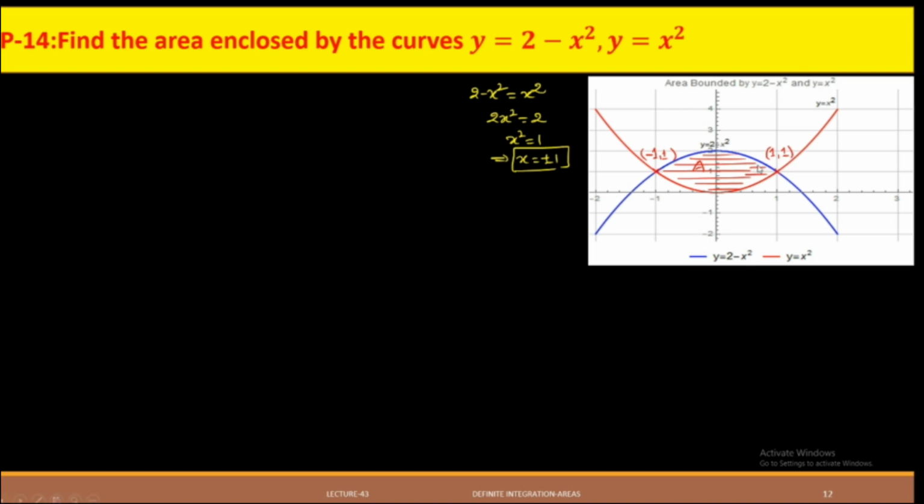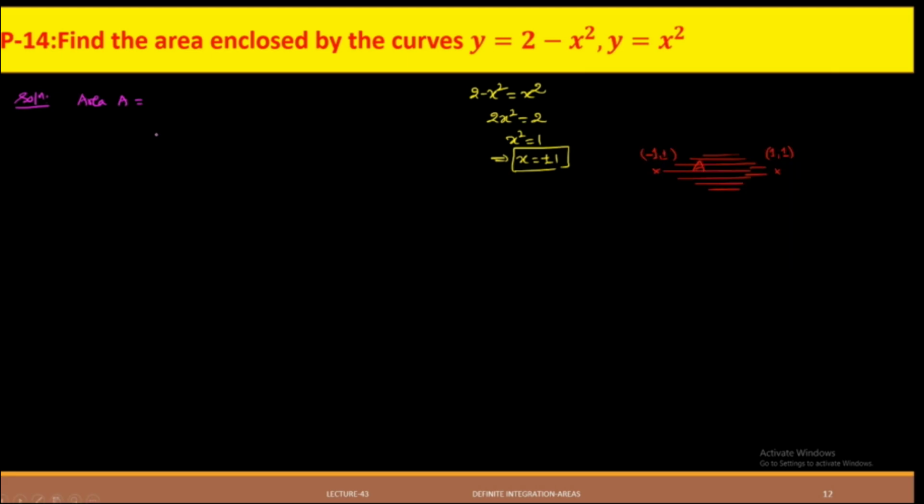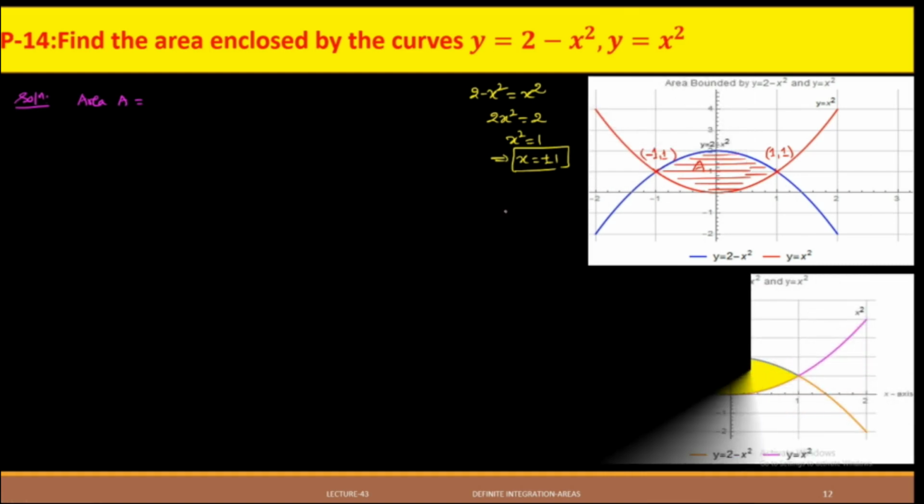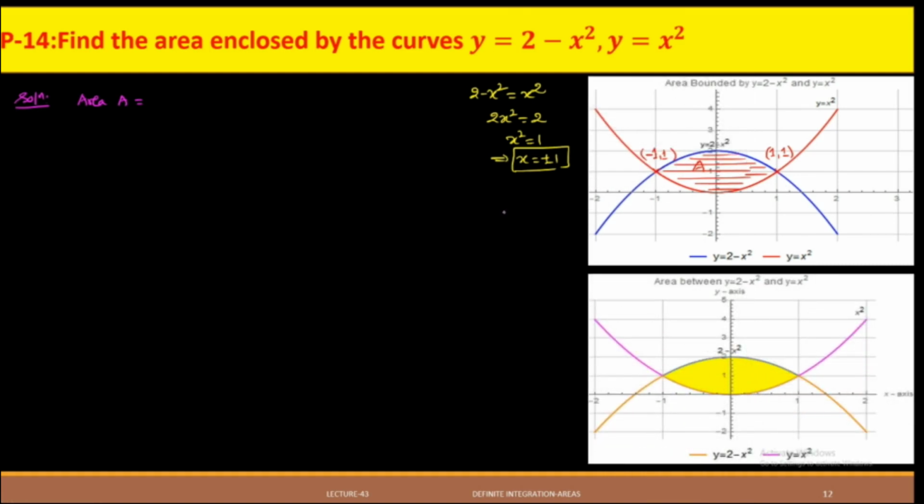Okay, so how do we go about finding the area? So let us find out the area. Solution here. Area A is equal to, okay, let me show you the shaded region here. Here is the shaded region. The required region is shaded in yellow.